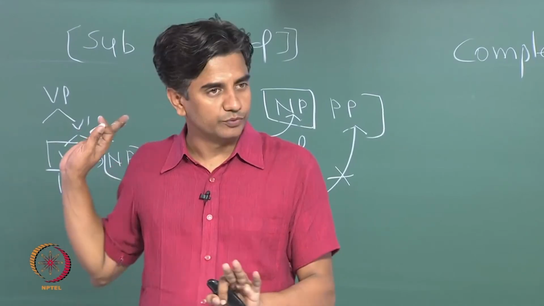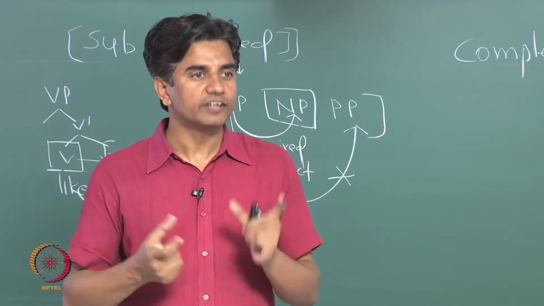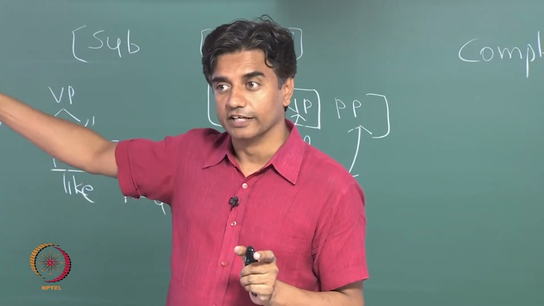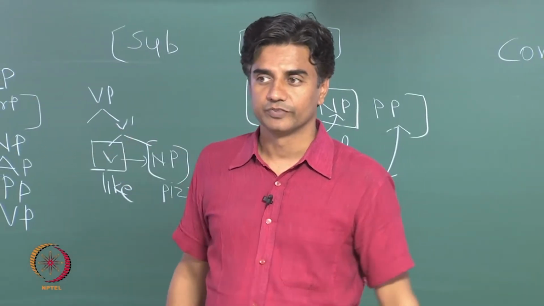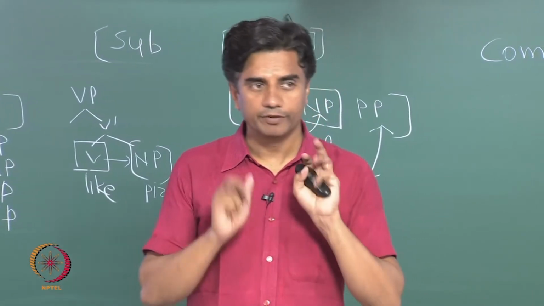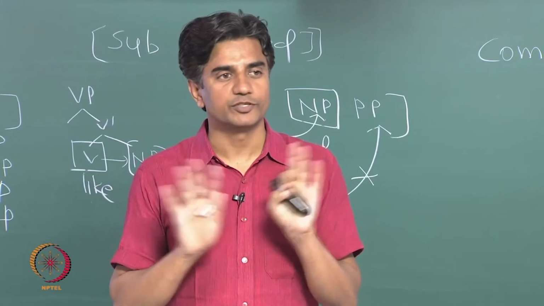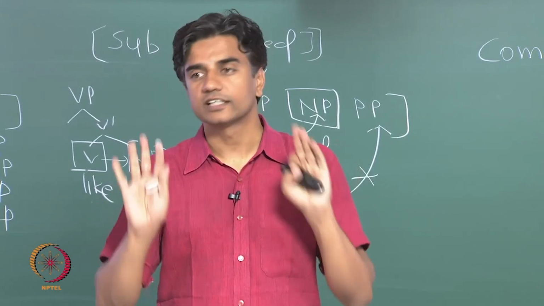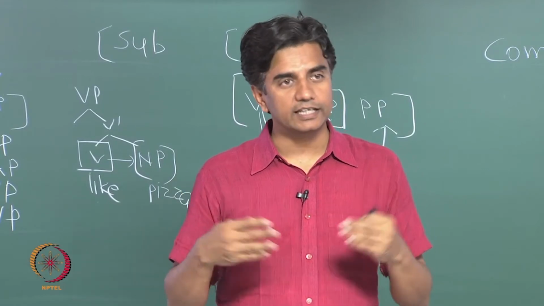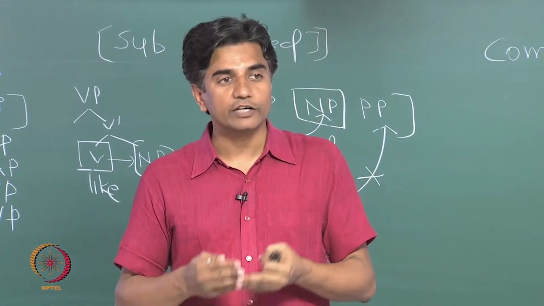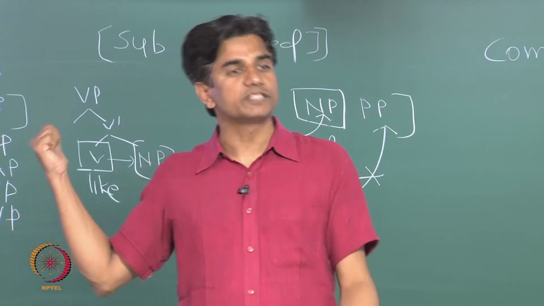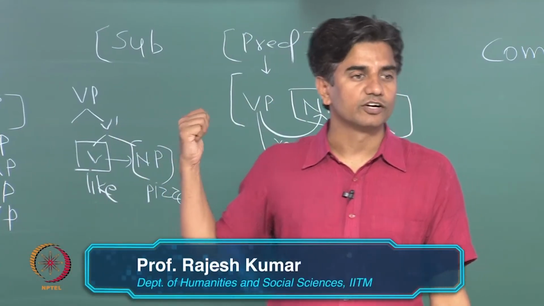Complements, you know by now, and complementizer refers to this kind of element, which is a that. Right? Everybody agrees that this is not a demonstrative pronoun. So, this has got to be something, right? In a description of a language, we cannot leave something undescribed. So, this has got to be something, and this is called complementizer.